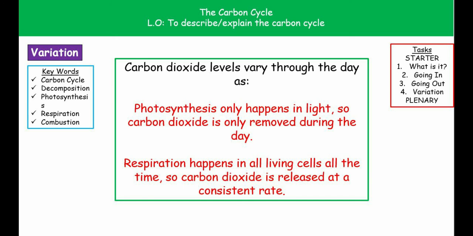Therefore, overnight we will not have photosynthesis happening. That means we won't be removing carbon dioxide from the atmosphere at night. So what we'll see is that the carbon dioxide levels will be a little bit lower during the daylight hours because photosynthesis removes the carbon dioxide, and slightly higher overnight because there's no photosynthesis.